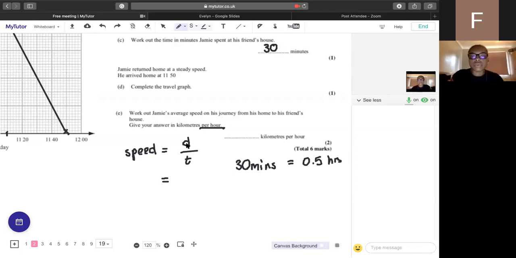So we would do 20 kilometers divided by 0.5 hours. So our answer would be 40 kilometers per hour. And that is distance time graphs. So hopefully that clears everything up, and that made a lot of sense to you guys.